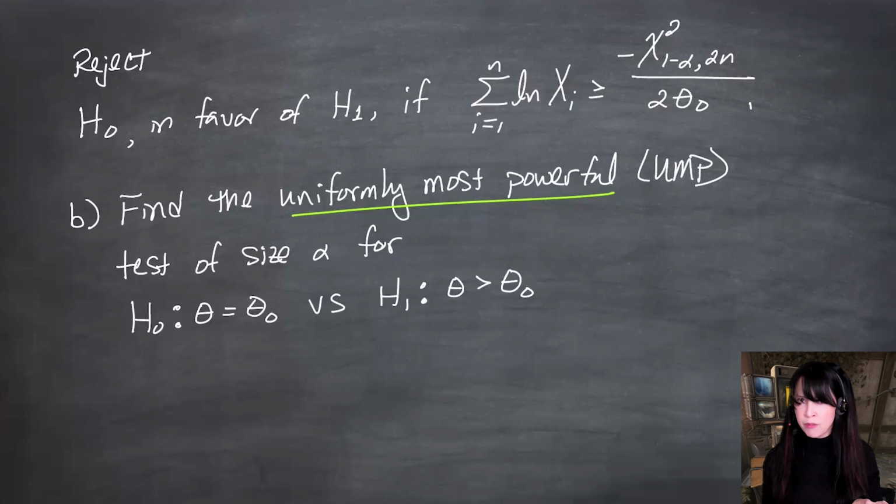We have never done a uniformly most powerful test. I'm slipping the definition into this problem. This is best or most powerful uniformly, and you'll recall uniformly in math means for all.